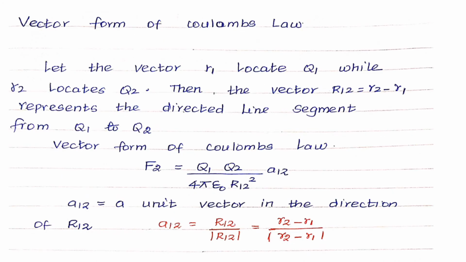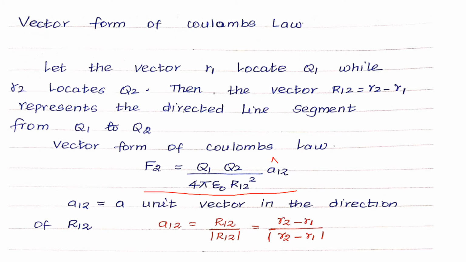Next we are going to see the vector form of Coulomb's law. Let the vector R1 locate Q1 while R2 locates Q2. Then the vector R12 is R2 minus R1. That represents the directed line segment from Q1 to Q2. Vector form of Coulomb's law is F2, that's the force on Q2, equal to Q1 Q2 divided by 4 pi epsilon naught into R12 square into A12 cap.